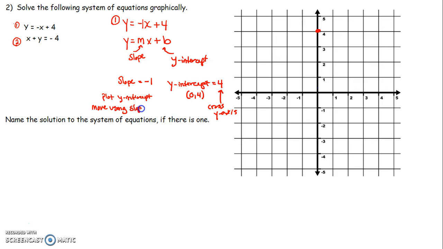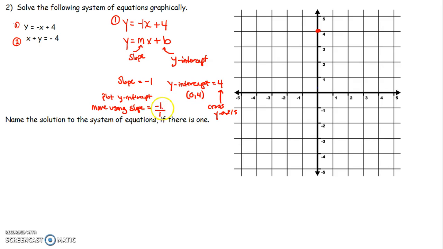Your slope is negative 1 for this equation. You can make negative 1 a fraction by putting negative 1 over 1. Your slope is your rise over run, or change in y over change in x.